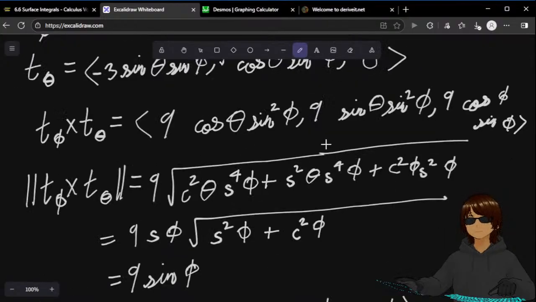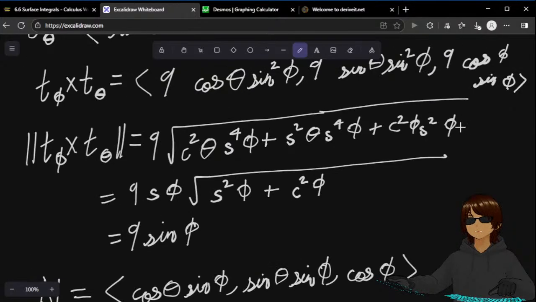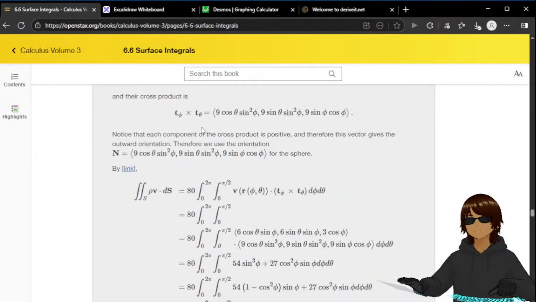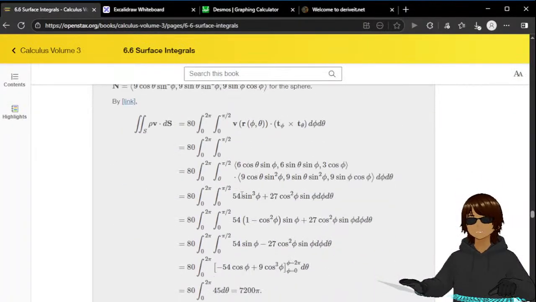This dot producted with this. This is going to take long. This dot product, sine cube theta. This times this times this.